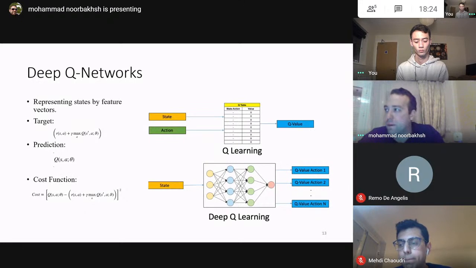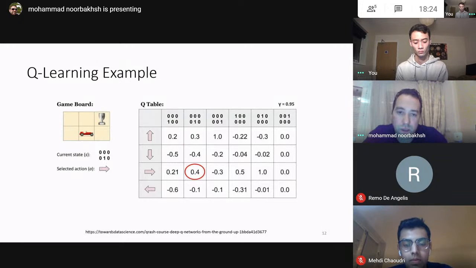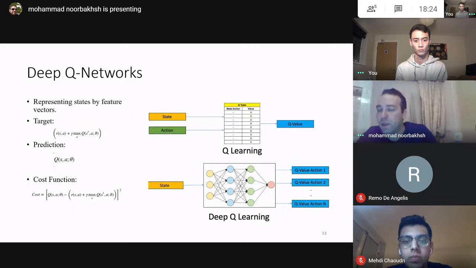So we have the deep Q network. In the previous slides, we have, for example, 6 states and they are all known to us. But in reality, the number of states is huge, or they are not even entirely known to us. So it's not practical to keep every single combination of actions and states in a table.